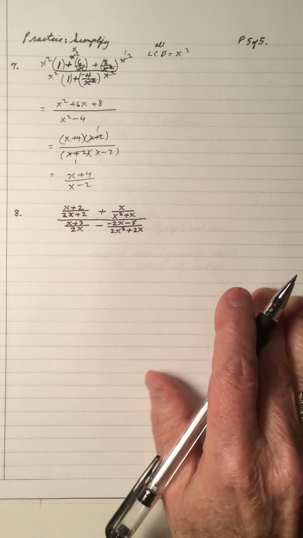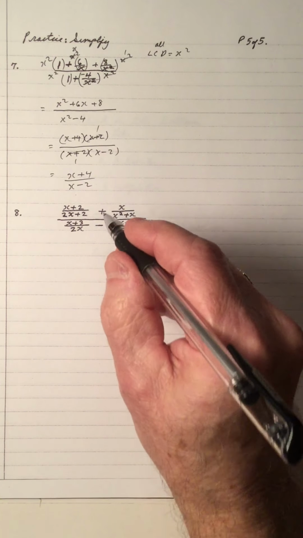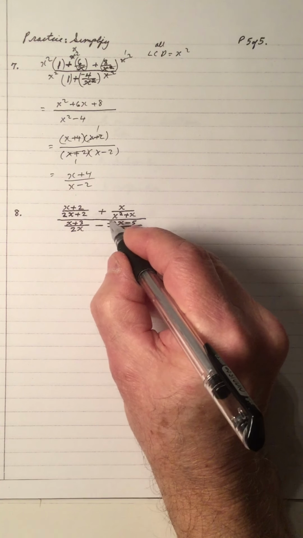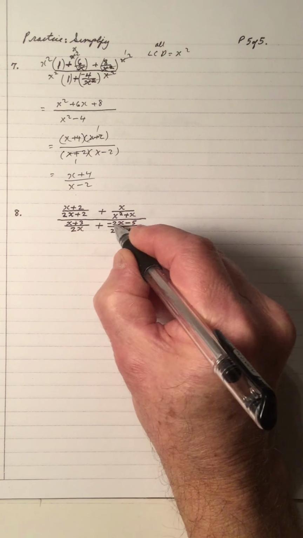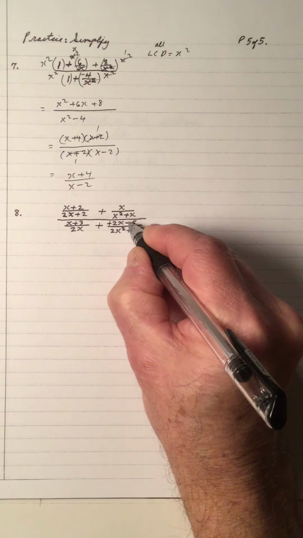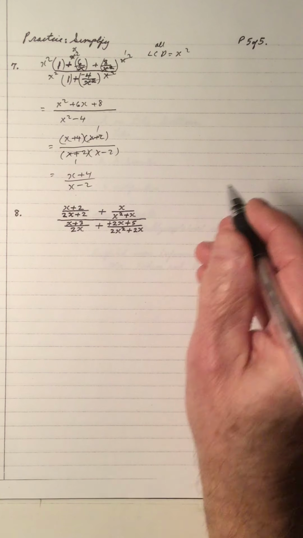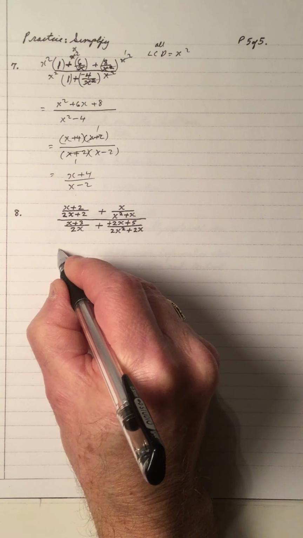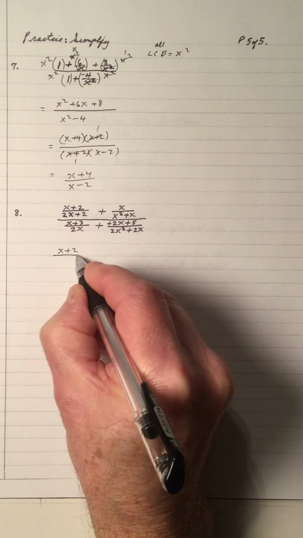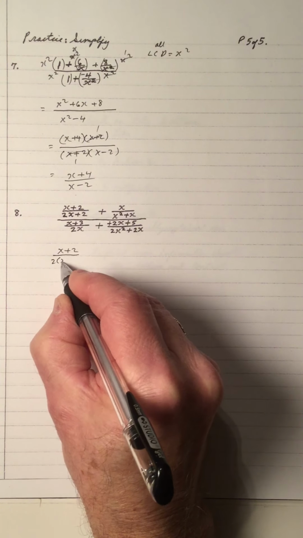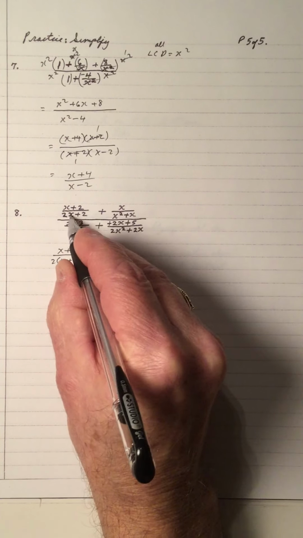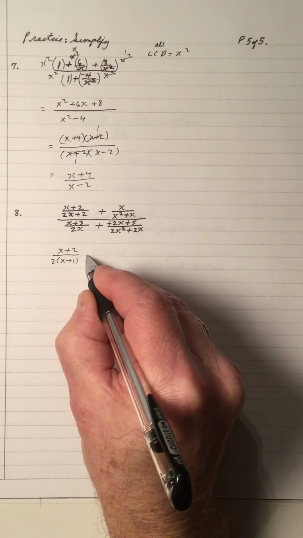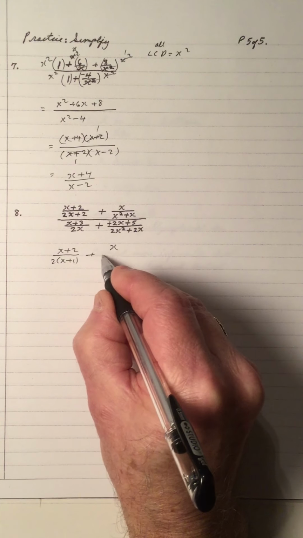And we have number 8. What I see is a subtraction, so I'm definitely going to add on the opposite. So that makes that a plus, makes that a plus. To make this better, let's rewrite it as x plus 2 over 2 outside of x plus 1 factored, plus x.